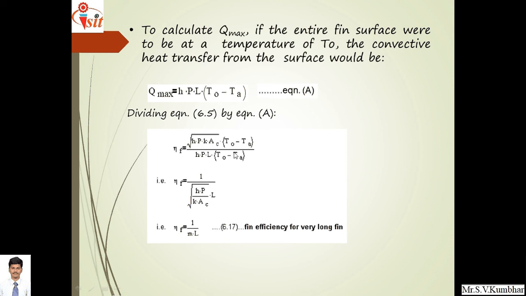T0 minus Ta will get cancelled. Here hPL, here hPkAc. Now try to solve this. We will get efficiency of fin is equal to 1 upon square root of hP upon kAc into L. Now we had replaced square root of hP upon kAc by m. Here also we will replace. So efficiency for an infinitely long fin is given as 1 upon mL, where m is square root of hP upon kAc.